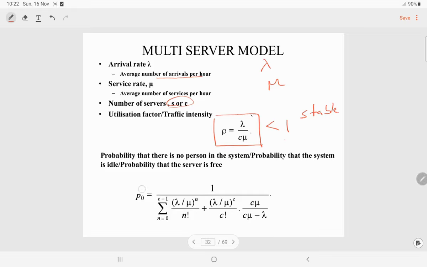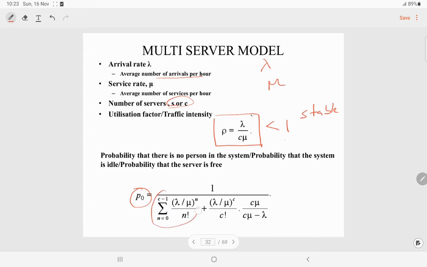Now we need to find out P0. P0 represents that there is no person in the system, that is, the system is idle or the server is free. The equation is as shown here: 1 divided by the sigma of n equal to 0 to c minus 1 of (lambda by mu) raised to n divided by n factorial.